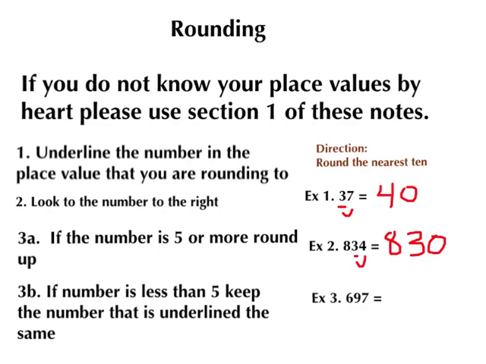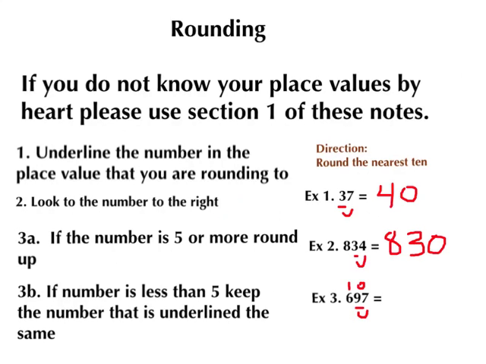I wanted to do example number 3 with you because it is a little bit more of a tricky problem. So let's take a look. Let's find out what number is in the tens place. If you said the 9, you would be correct. The 9 is in the tens place. The 9 looks to the 7. The 7 tells the 9, uh-oh, you got to jump up. Well, what's the next number after 9? It's 10.